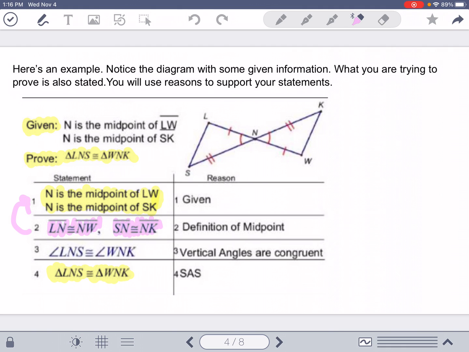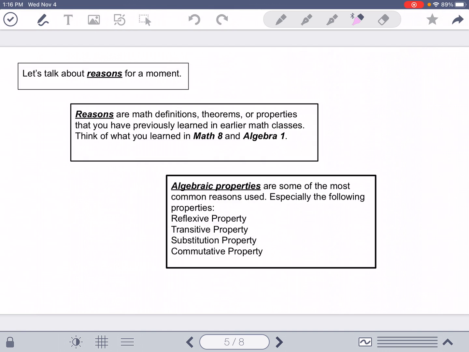Like, we couldn't say the definition of a midpoint without giving you a midpoint first. Now, most of these things are going to be a mix and match, or a choose the correct option. Most of these problems, I don't think I give you any problems where you have to come up with something off the top of your head. You're given a word bank or some sort of hint to help you figure these out.